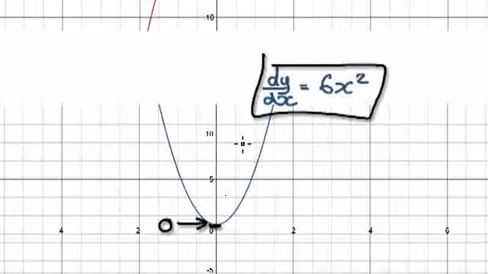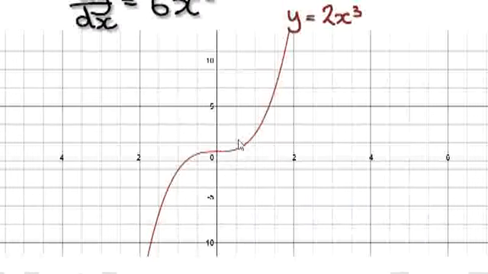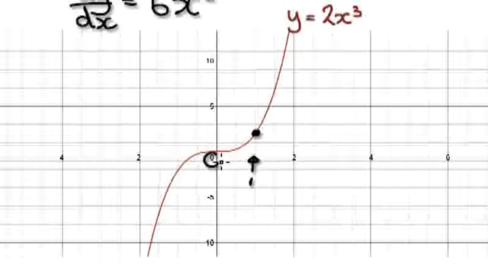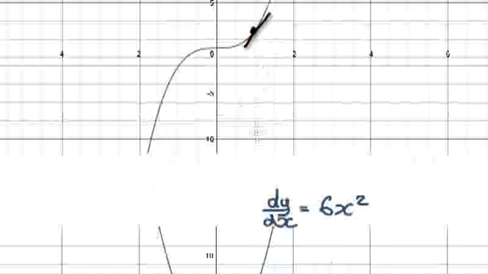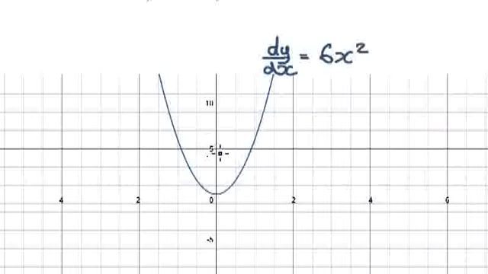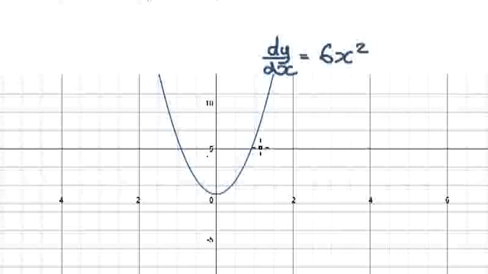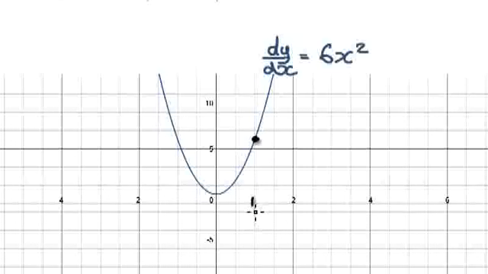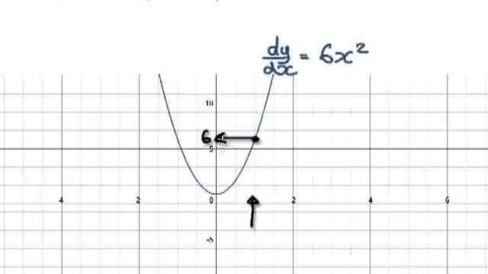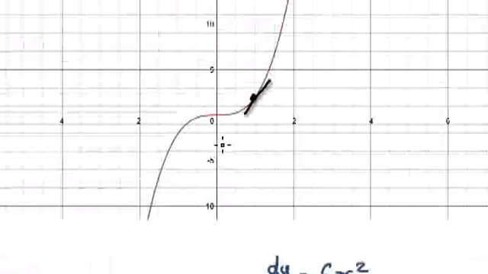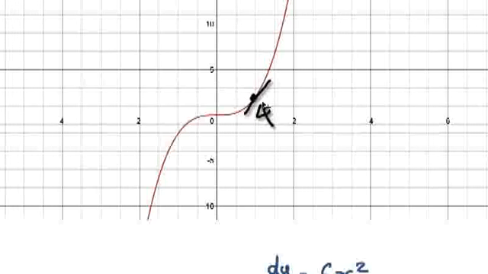Suppose you want to find out the gradient at x equals 1. 0 is here, 2 is here, so this must be 1. You look at your gradient graph, and it's a straight reading. When x equals 1, which is right here, it is positive 6. So the gradient here is positive 6.